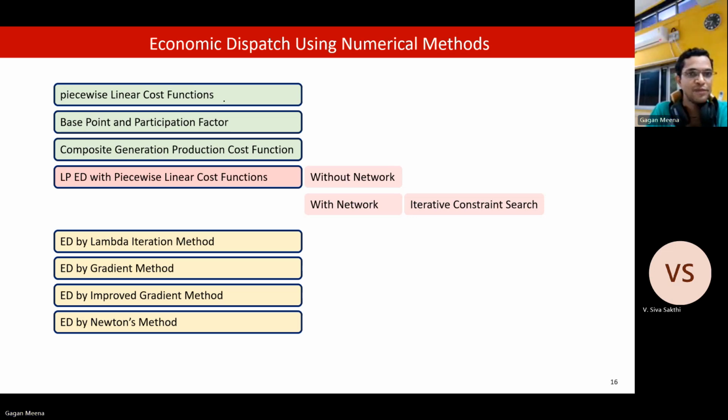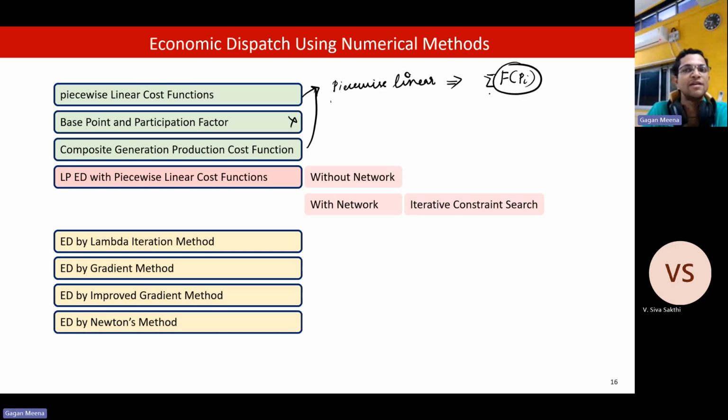Then using this, here we have piecewise linear cost characteristics. Earlier we were using the objective function as this, and this was quadratic.